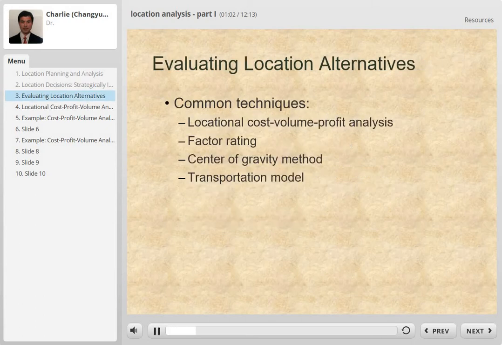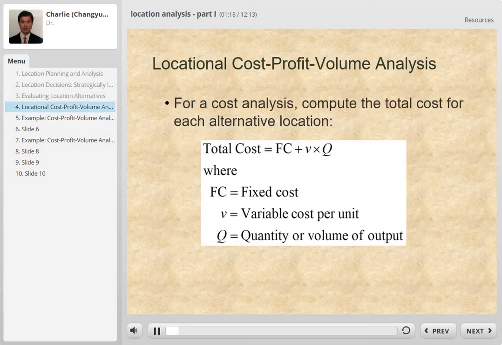Let's look at the analysis techniques. We will introduce 4 different kinds of techniques here: cost profit analysis, rating, center of gravity, and transportation model. First, let's look at an easy one, that is cost profit analysis. Here's the formula.